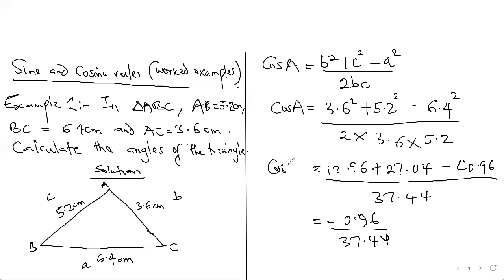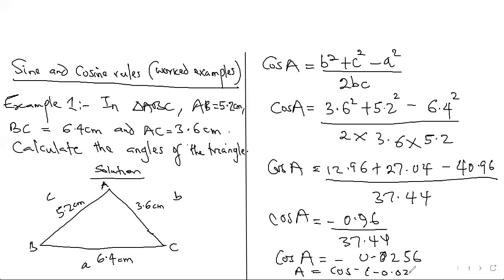So cos A should be minus 0.0256. So A will be cos inverse of minus 0.0256.